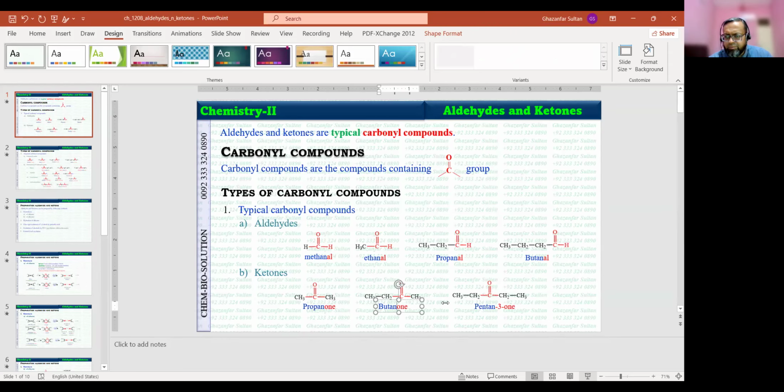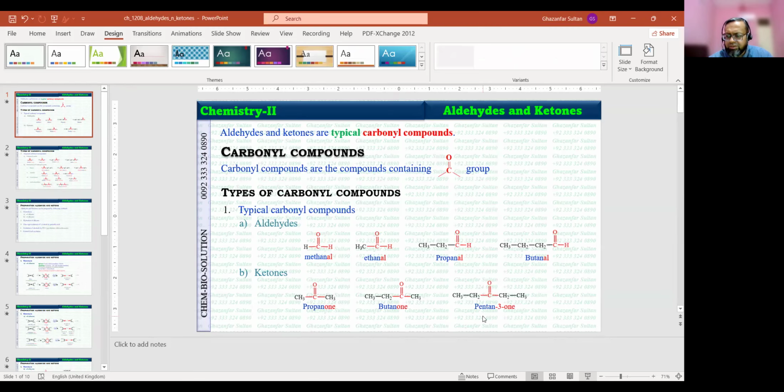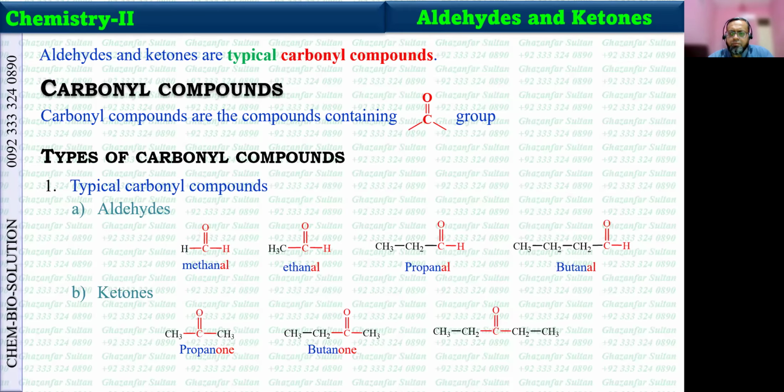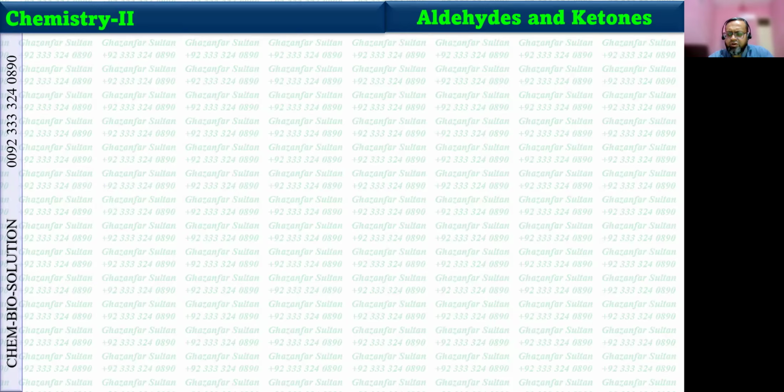We can write butanone, but mentioning the position is important in pentanone because pentan-2-one is also possible. That's why. But all of these things we have covered in IUPAC naming.